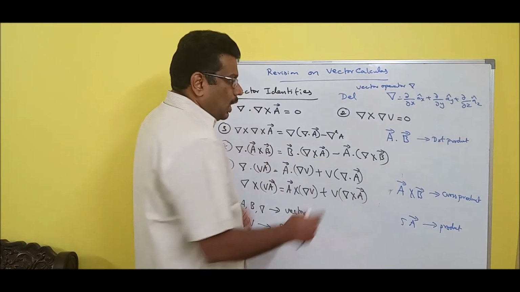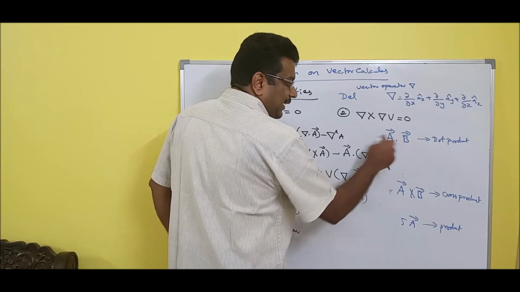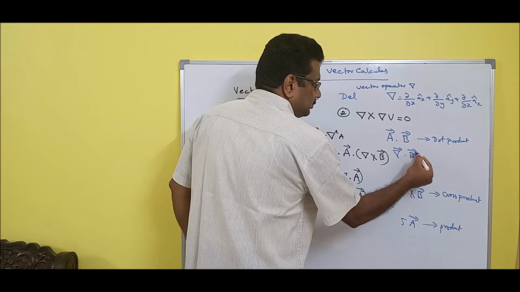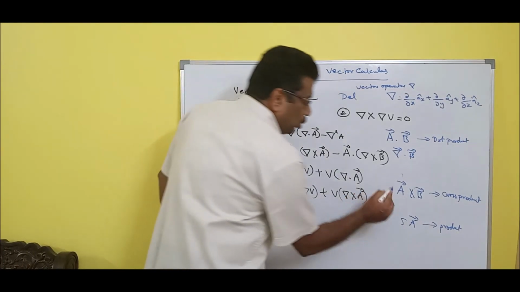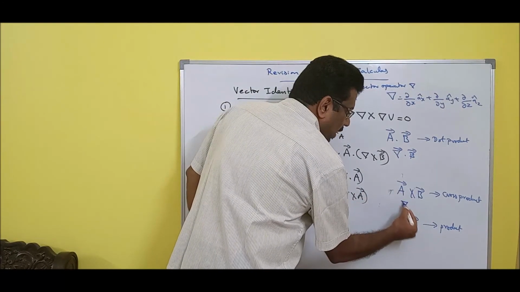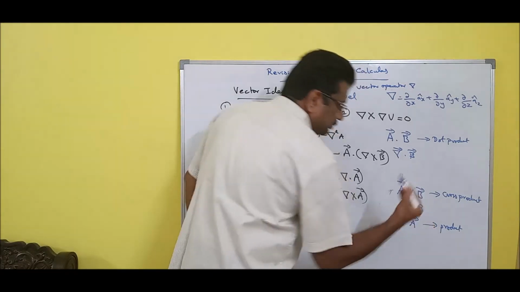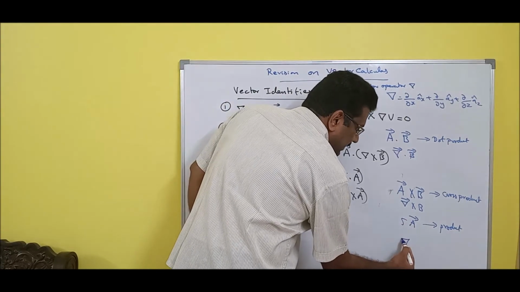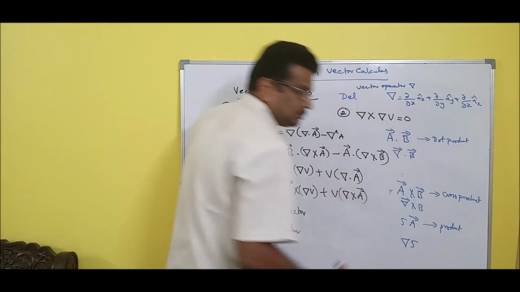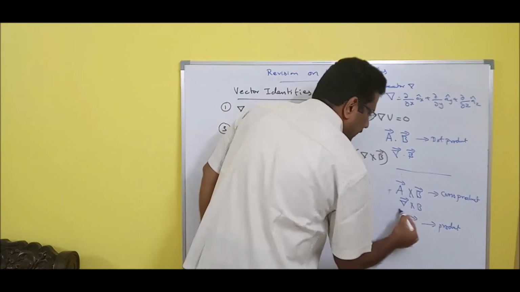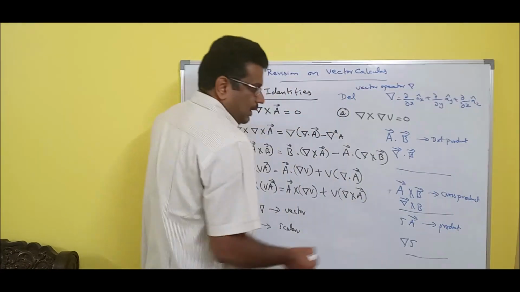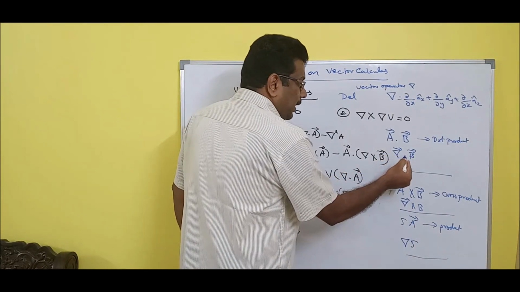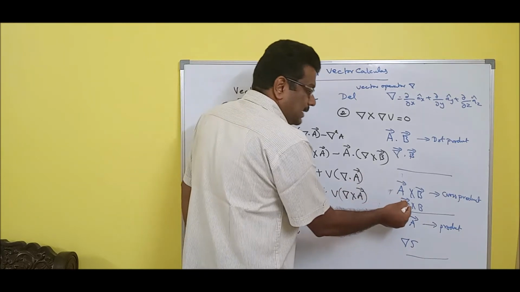Carefully listen. Out of two vectors, if one vector is del, then can I call it a dot product? Yes. Can I call it a cross product?